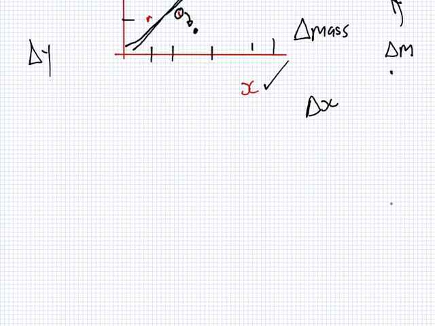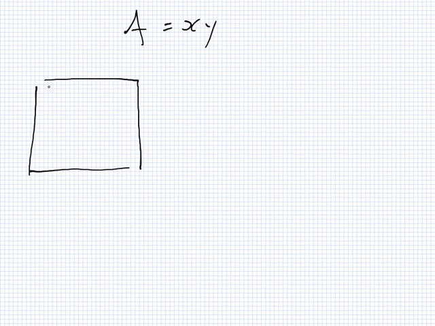Just before we do that, how to combine uncertainty. So, for example, suppose you have some very simple formula. Z equals x times, oh no, I got a better one. Area equals x times y. So you're measuring a piece of paper, and you measure the x many times, and you measure the y many times.